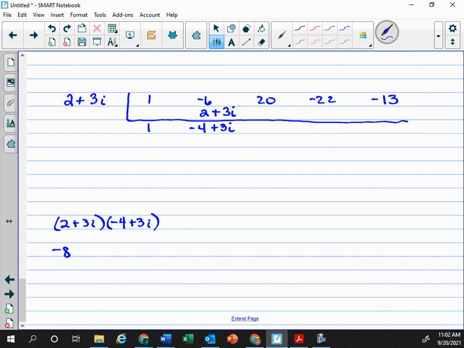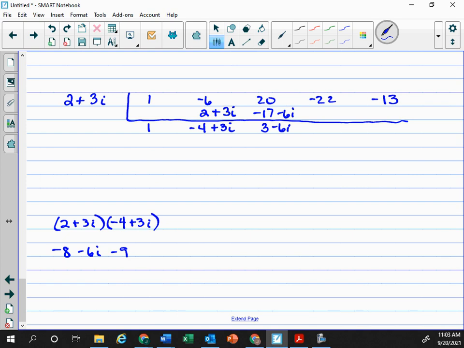So we'd have -8, that'd be 6i, minus 12i, minus 12i, and then that'd be plus 9i squared, so minus 9. So I've actually got, I didn't write minus 6i. So I'd have -17 minus 6i. Okay. And we add, and I have 3 minus 6i. Right?